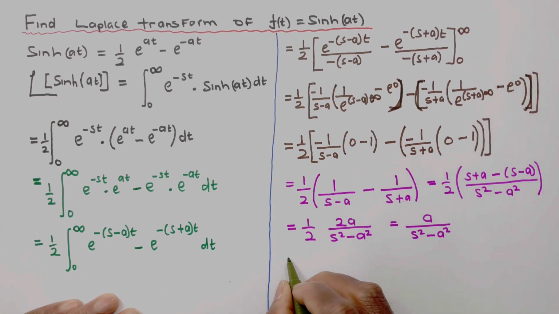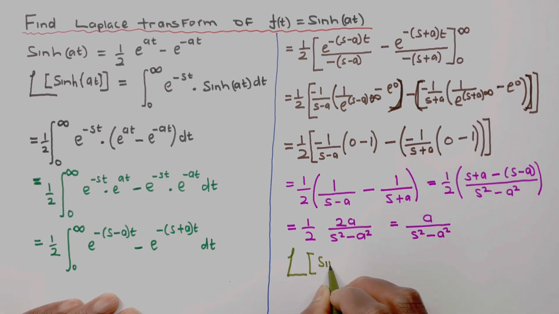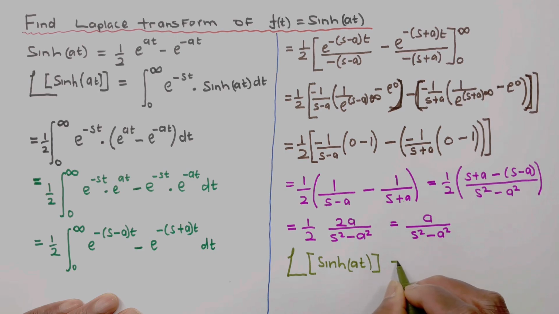So now we can write the Laplace of sin at equal to a over s squared plus a squared.